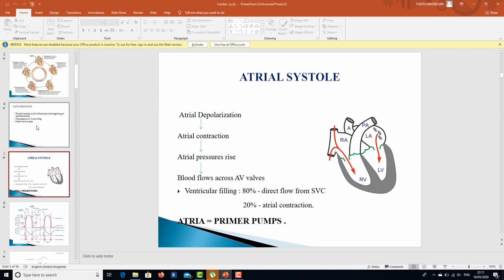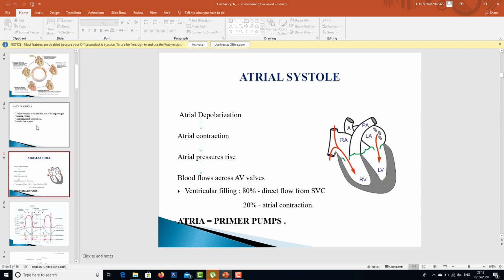We should know that about 70 to 80% of the ventricular filling occurs directly, without any force of contraction, but the 20 or 30% is due to additional atrial contraction.